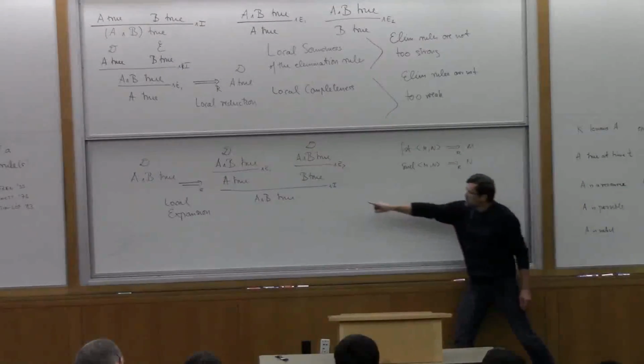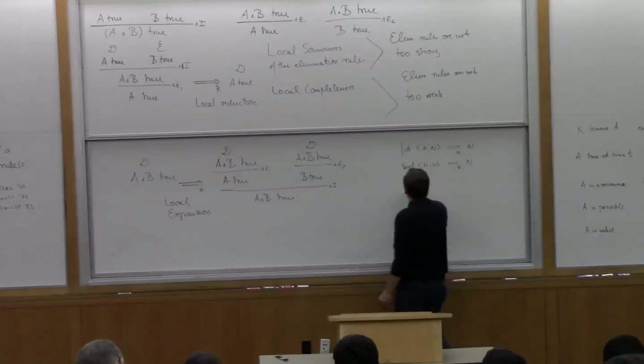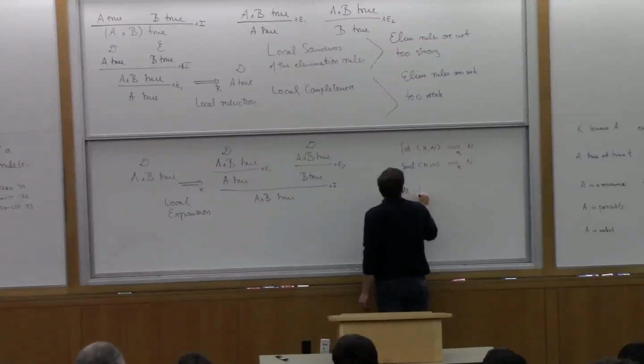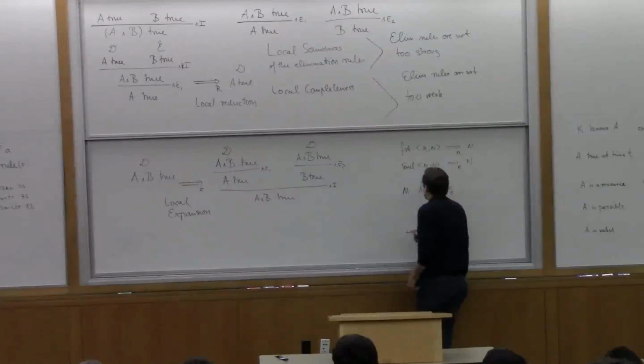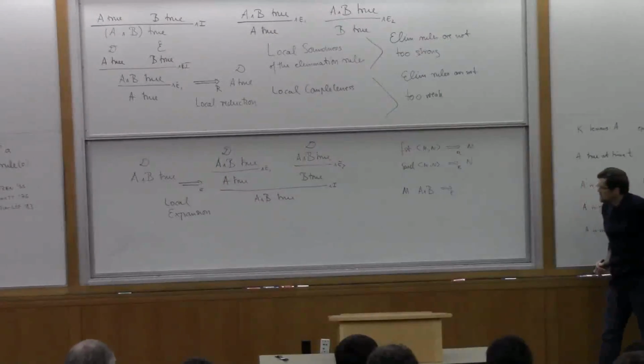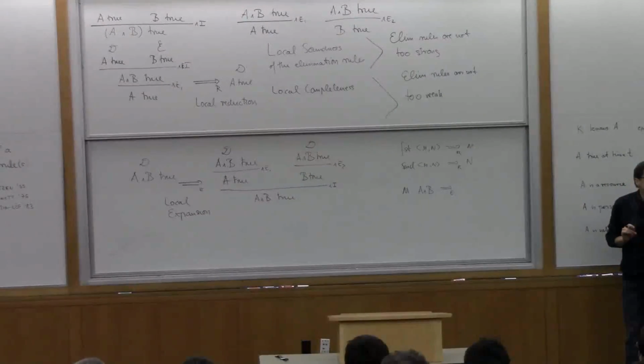Now, what does this local expansion correspond to? What we have is an arbitrary proof of A and B. We can expand it to, what is the right-hand side here? Anybody familiar enough with it?